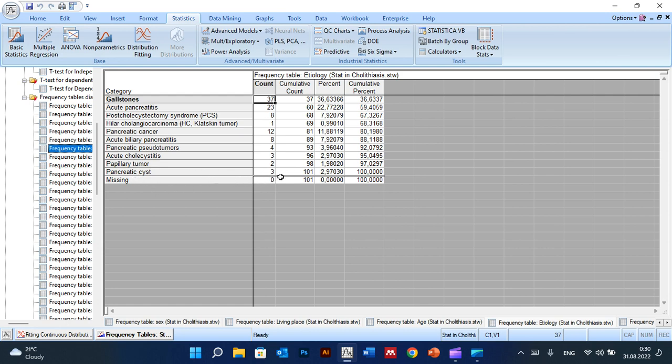You have to carefully insert your primary data in Excel, so you can avoid such issues as missing data. Usually when I insert data into Excel, I do not leave free spaces. I fill them with, maybe, I write unclear etiology or unknown etiology.